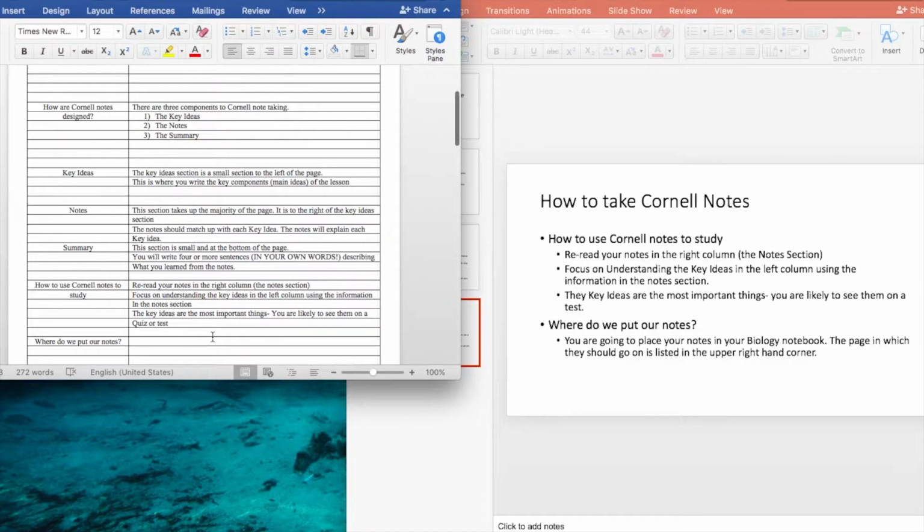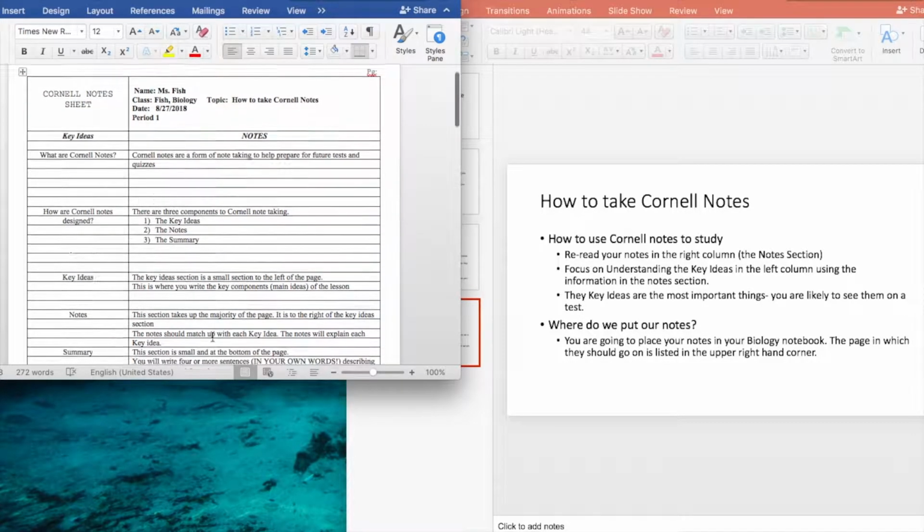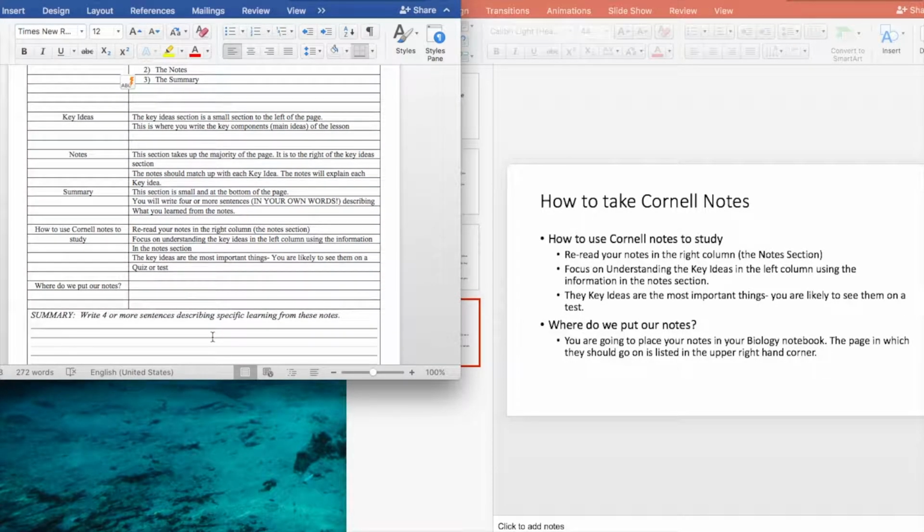So you're like, Miss Fish, you gave me this piece of paper. Where do I put this piece of paper? Good question. You are going to put this piece of paper in your biology notebook. Now remember, on the very first day of school, on August 23rd, I told you you needed a composition notebook for this class.